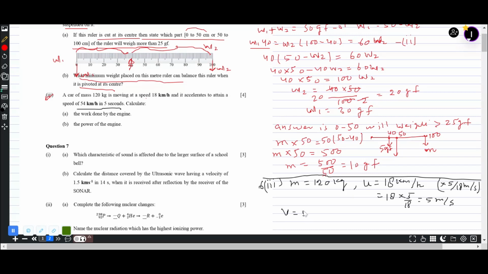V is equal to 54 km per hour, which is 54 into 5 by 18. That is 3 into 5. 18 3s are 54. You should be very good at tables, and that will save you a lot of time in the examination. That is 15 meters per second.